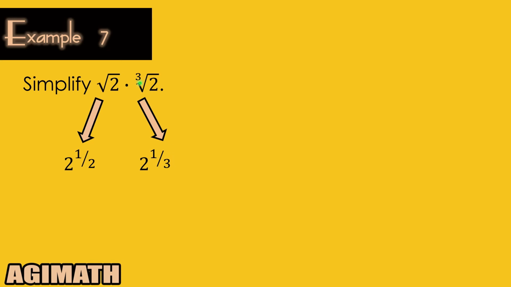So if we rewrite our problem, square root of 2 times the cube root of 2 is equal to, we copy 2 raised to the power of 1/2 times 2 raised to the power of 1/3. Now if you look at the two exponential expressions, they have the same base. So we can apply the product rule.